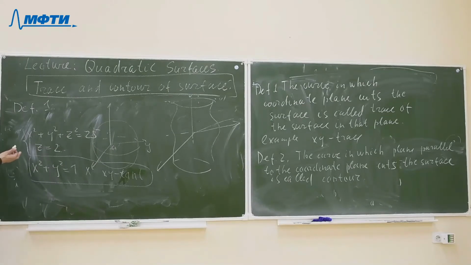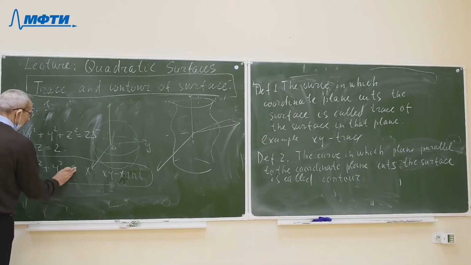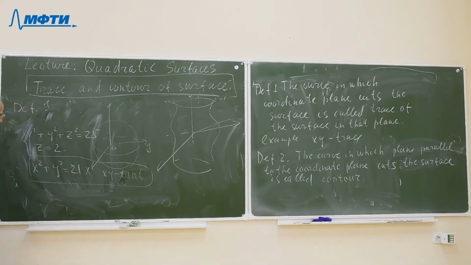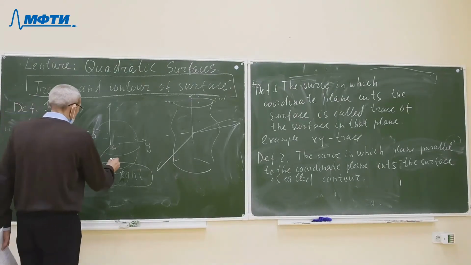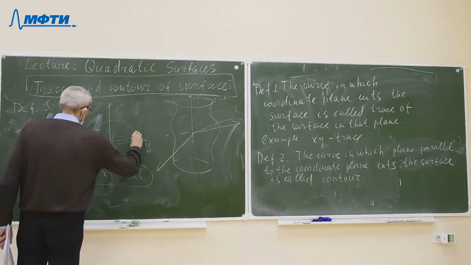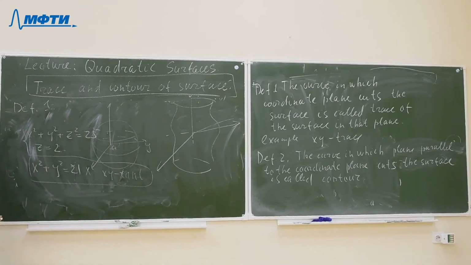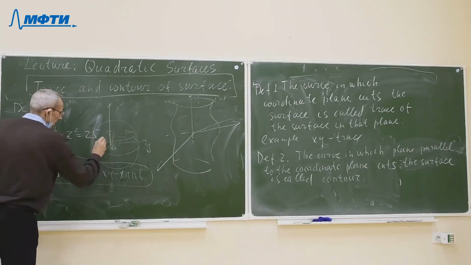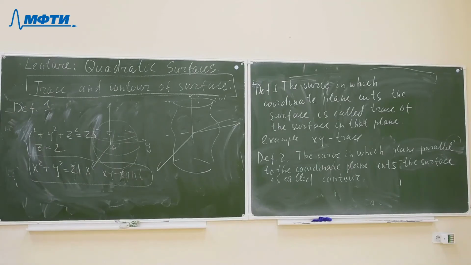In this case, we obtain that the intersection of these two surfaces is x squared plus y squared is equal to 21. We have a circle, but the radius of the circle is the square root of 21.